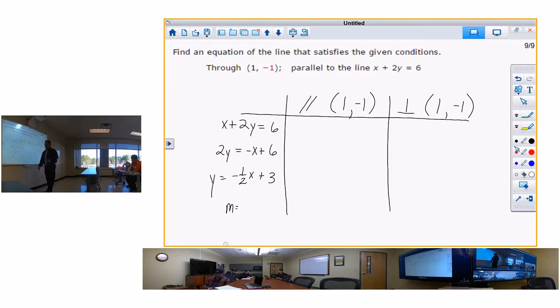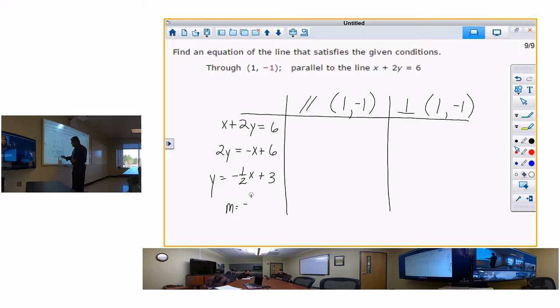Somebody tell me what m is. Negative 1/2. Good, y'all remembered. Therefore, for a parallel line, what does this slope have to be? The same. Negative 1/2. Therefore, for a perpendicular line, what does it need to be? It needs to be the opposite sign, and it needs to be the reciprocal. So what's the reciprocal of 1/2? 2.